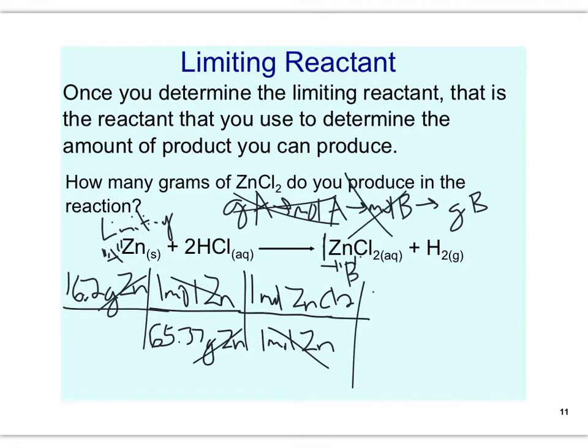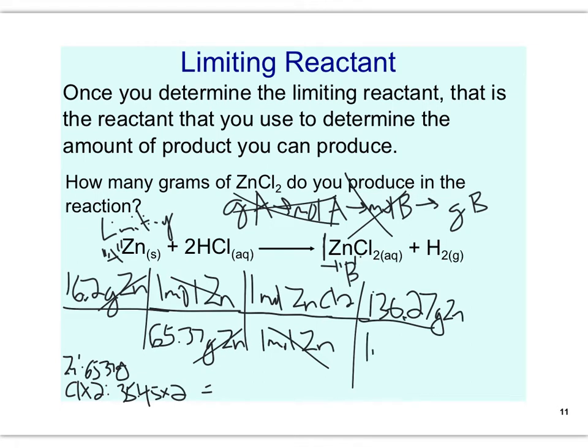Last step is just converting to grams of B. To do this, we're going to add the mass of 1 zinc, so 65.37 grams, plus the mass of 2 chlorines, so 35.45 times 2. Plug all this into a calculator. You find that zinc chloride has a molar mass of 136.27 grams.